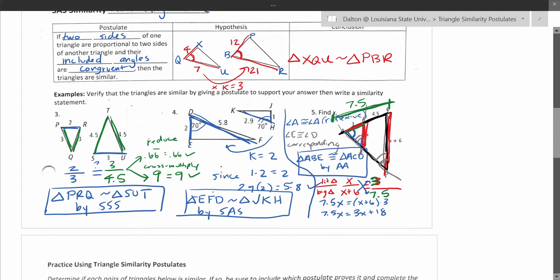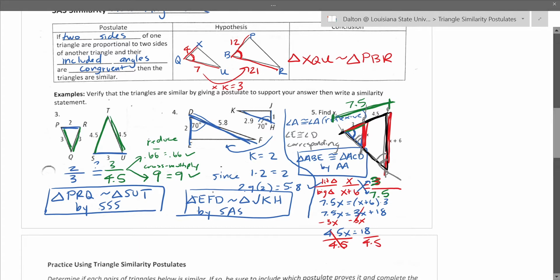And then if I continue solving, I'm going to subtract 3x from both sides. 7.5x minus 3x is 4.5x, which is equal to 18. And then if I divide both sides by 4.5, I end up with x is equal to 4.